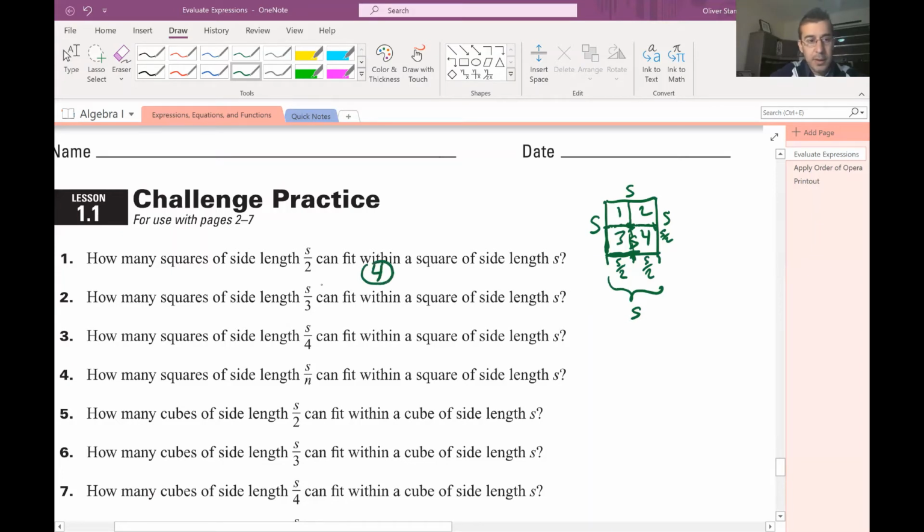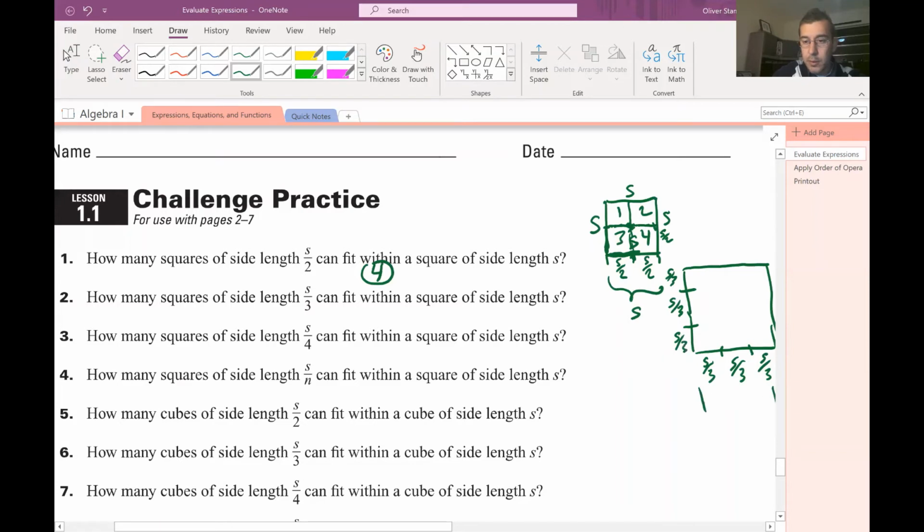Okay. Then how many squares of side length s third can fit within a square of side length s? So the same thing, let's draw, I'm going to draw a bigger one. And this is s third, this is s third, this is s third, this is s third, this is s third, s third.